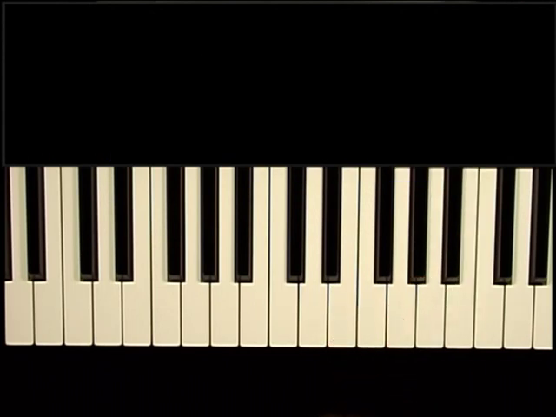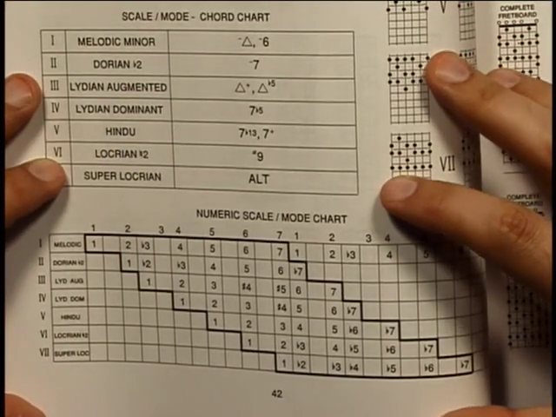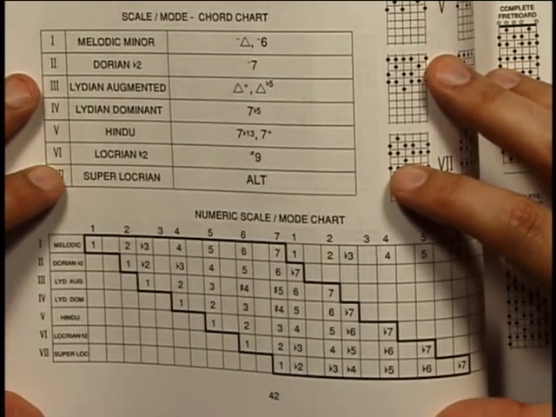Every scale has modes, and the concept we just demonstrated on the C major scale holds true for every scale. In fact, the modal process we just demonstrated in the key of C using the white keys on the keyboard is pictured in the numeric scale mode chart at the bottom of every title page.